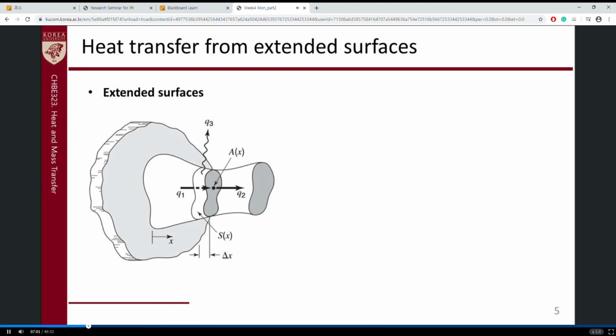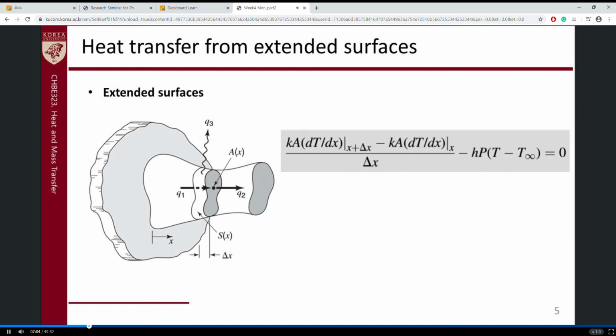By using these equations, as delta x goes to 0, we can make this part simpler, like kA dT over dx, right?